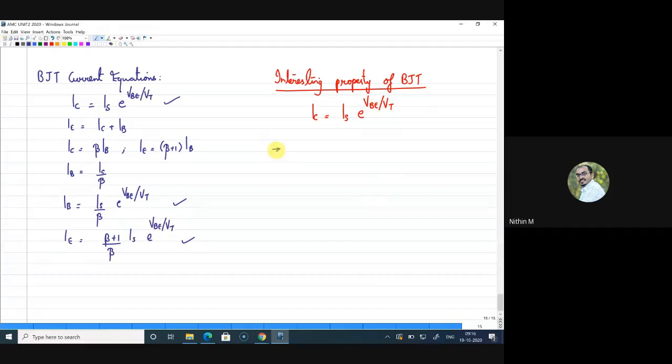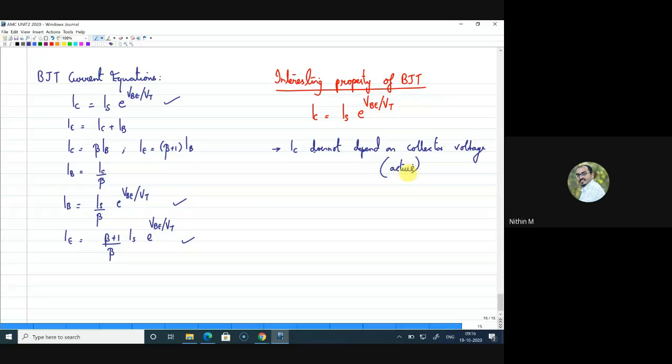So we can see that the collector current IC does not depend on collector voltage, right? So your collector current is not depending on collector voltage. This is true when your device is in active region.